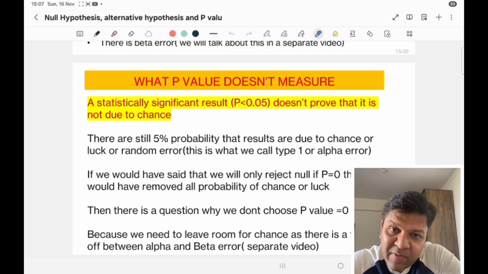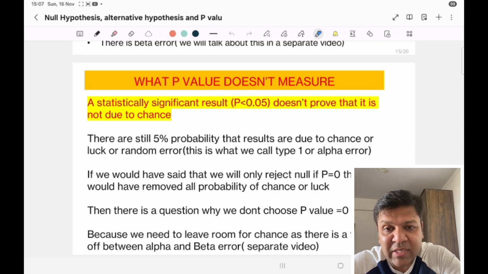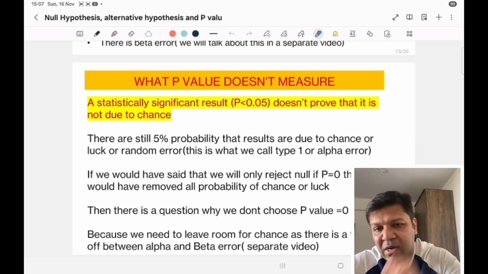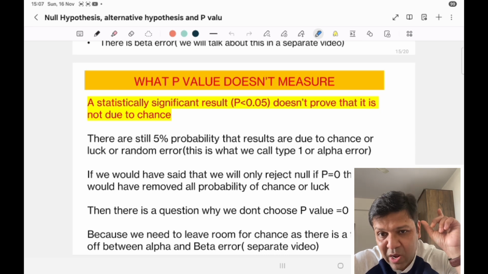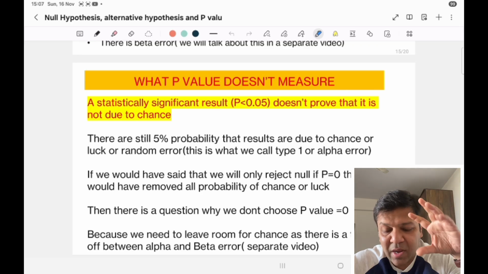I am saying I will accept p-value of less than 0.05 to reject the null hypothesis. If my p-value comes less than 0.05 or 5%, I will reject the null hypothesis. That is my presumption.